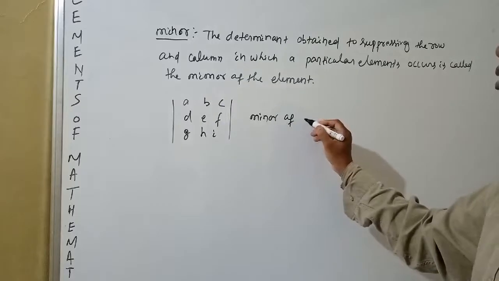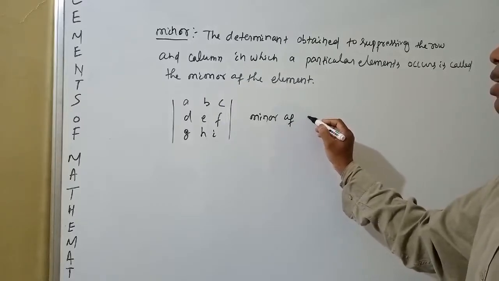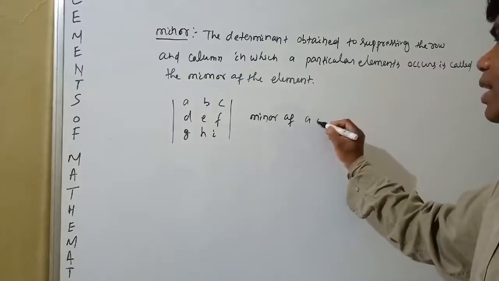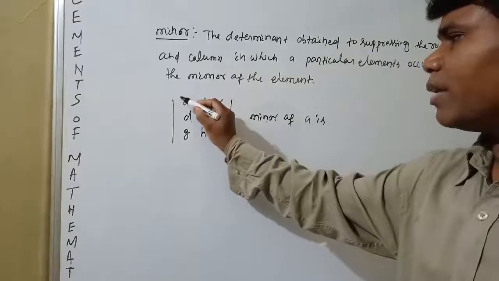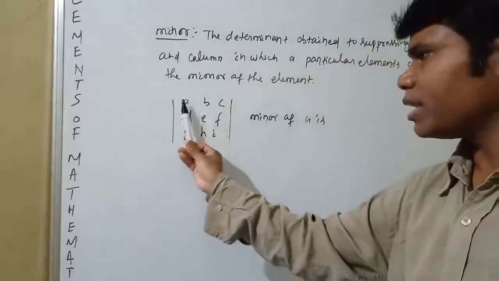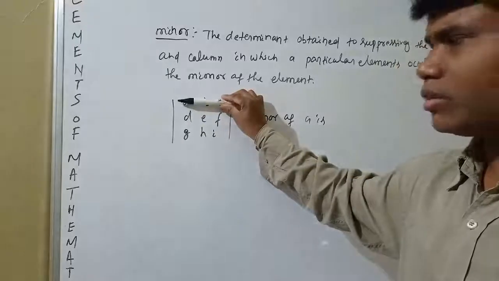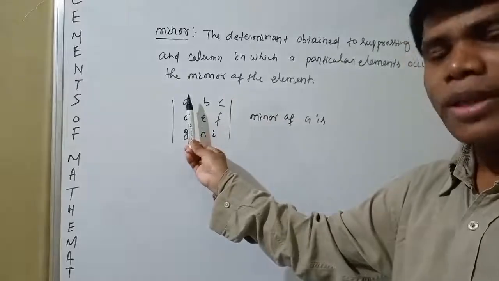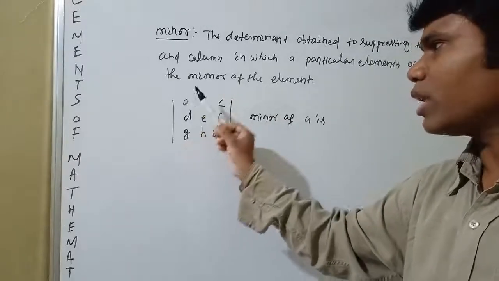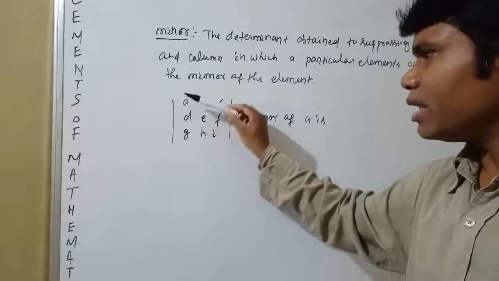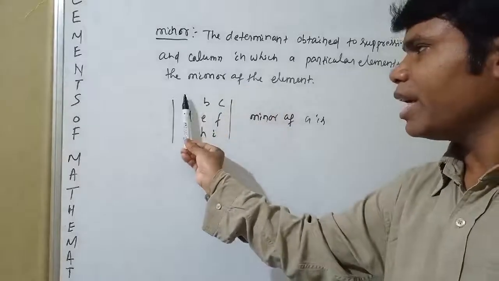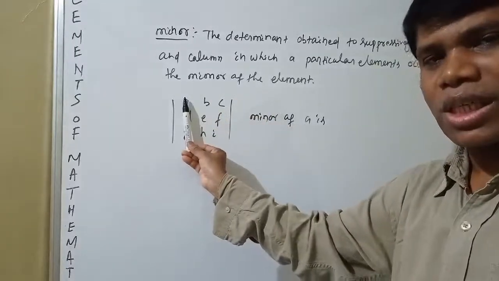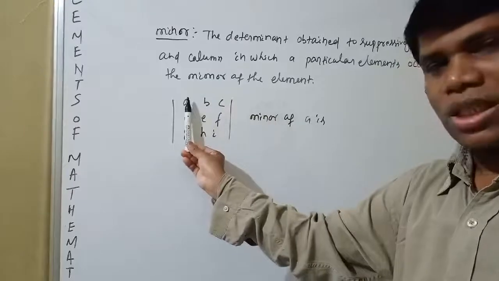To find the minor of A, we suppress the row and column with which this element is linked.